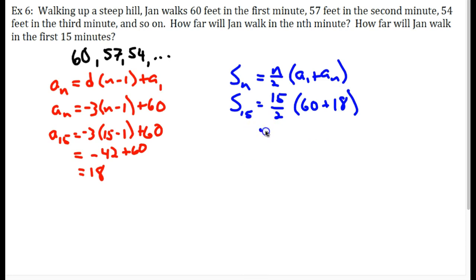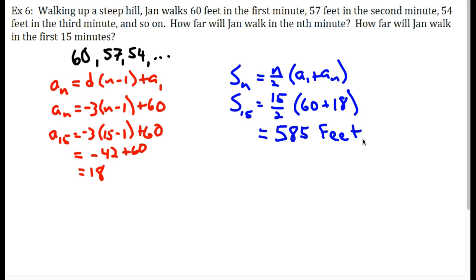So now we can calculate this. That ends up being 585 if we plug that in the calculator. And this is a story problem, so we do need to label it. We're talking about feet. So in the first 15 minutes, Jan walks 585 feet.